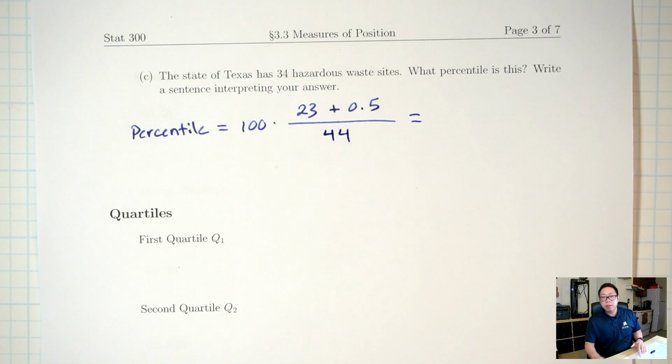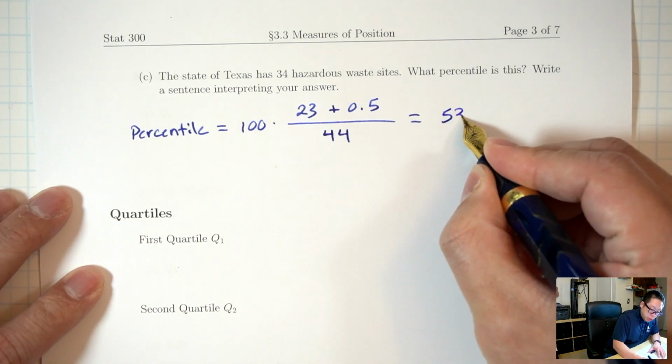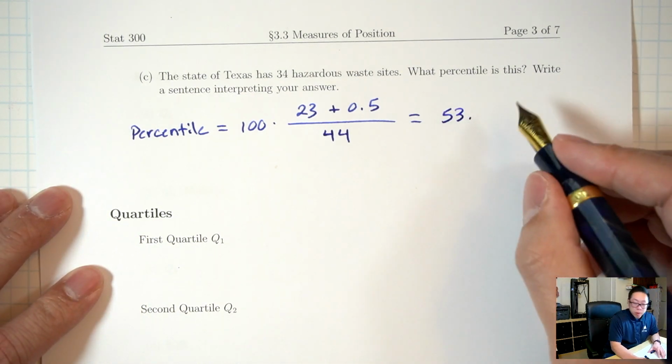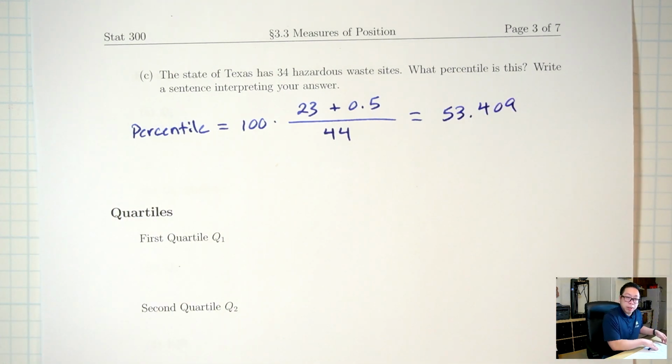All right, so let's compute this. It's 100 times the fraction, up top 23 plus 0.5, on the bottom 44. Rounded to 3 decimal places, this is 53.409. Let's check if we're done.